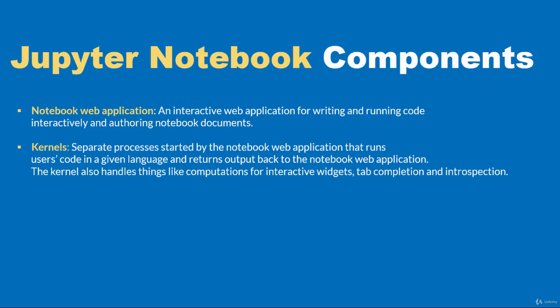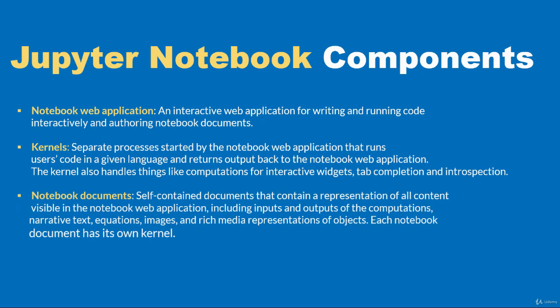The third component is called the notebook document. The notebook document is basically a self-contained document that contains a representation of all the content that is visible inside the notebook web application. This includes the inputs you have and also the outputs, which are produced from the kernel.